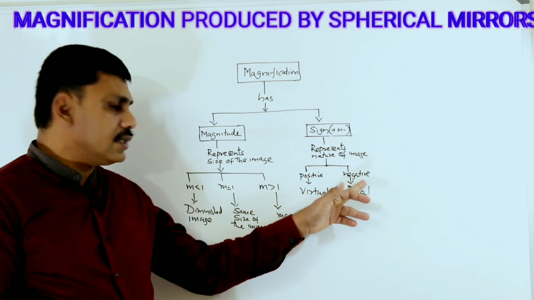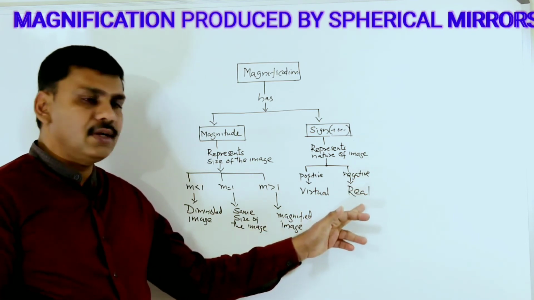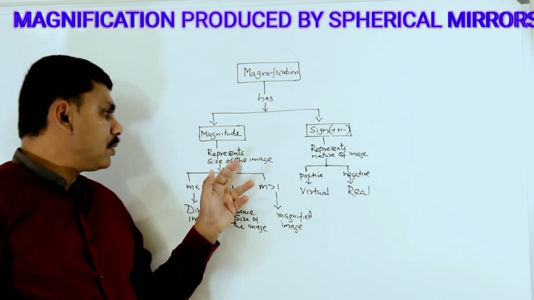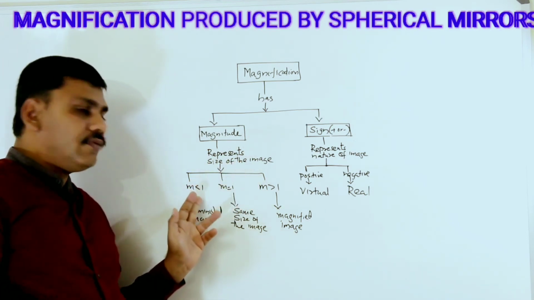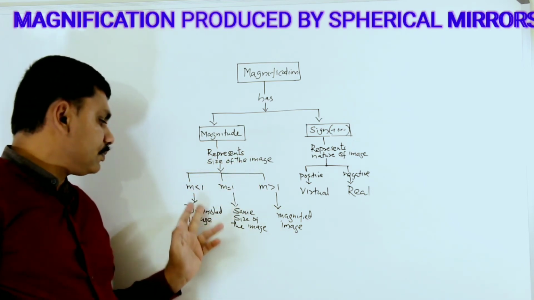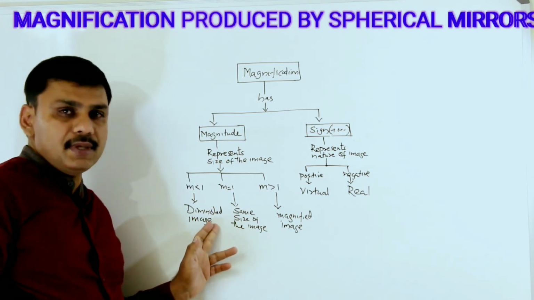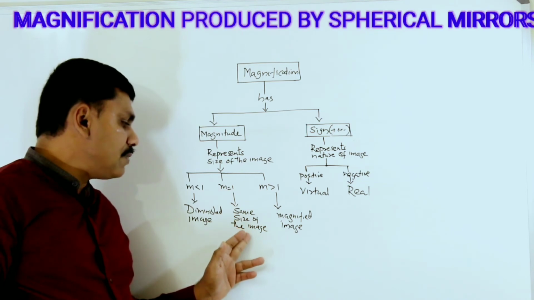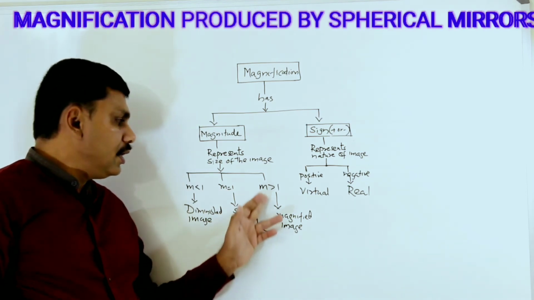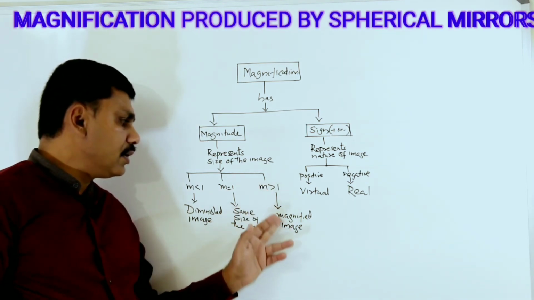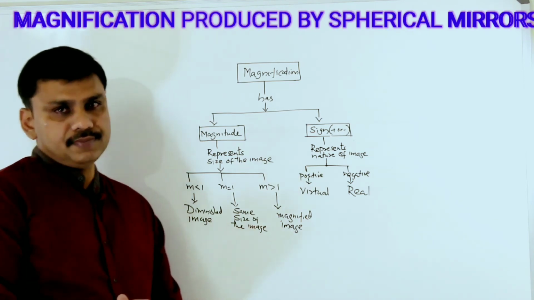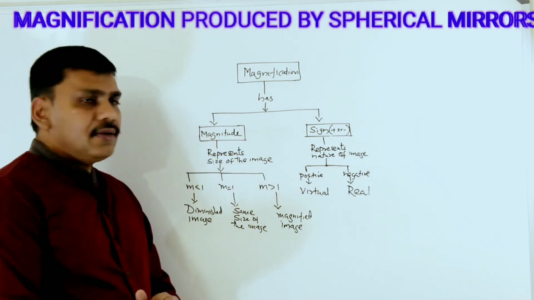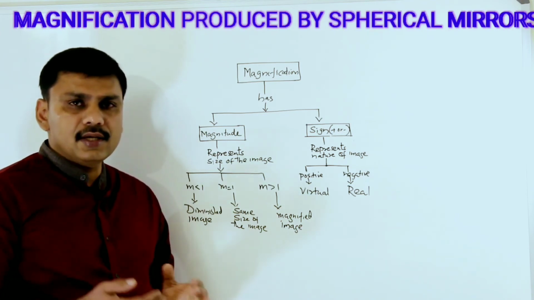If the sign is negative, the image is real. If the magnification is less than 1, it is a diminished image. If equal to 1, the image is the same size. If greater than 1, it is a magnified image.